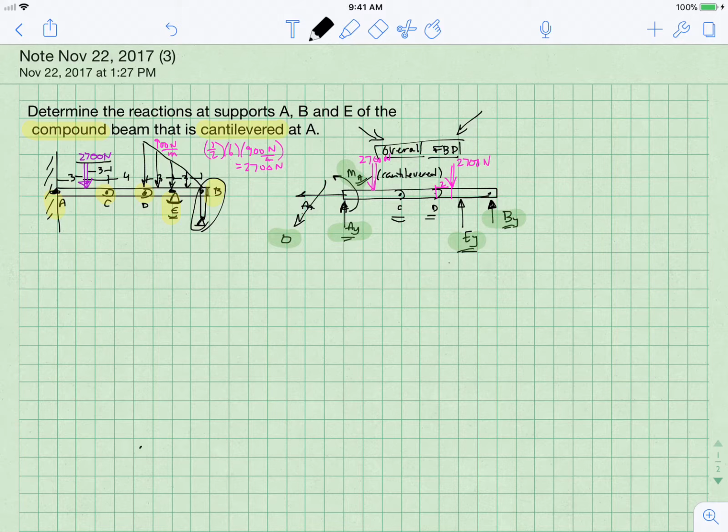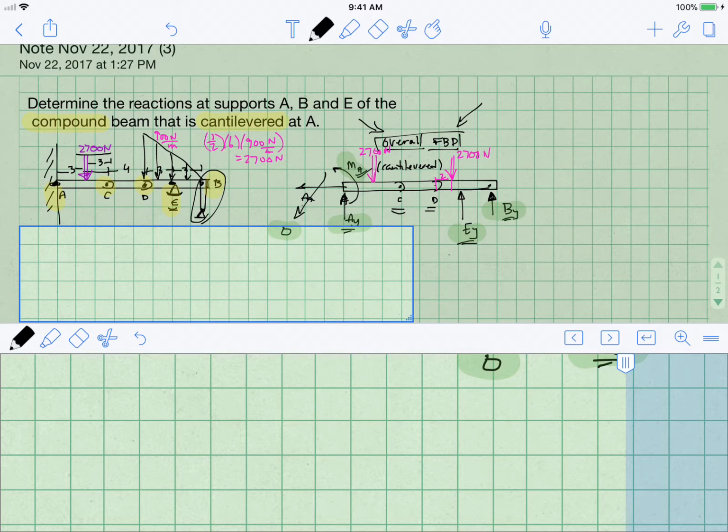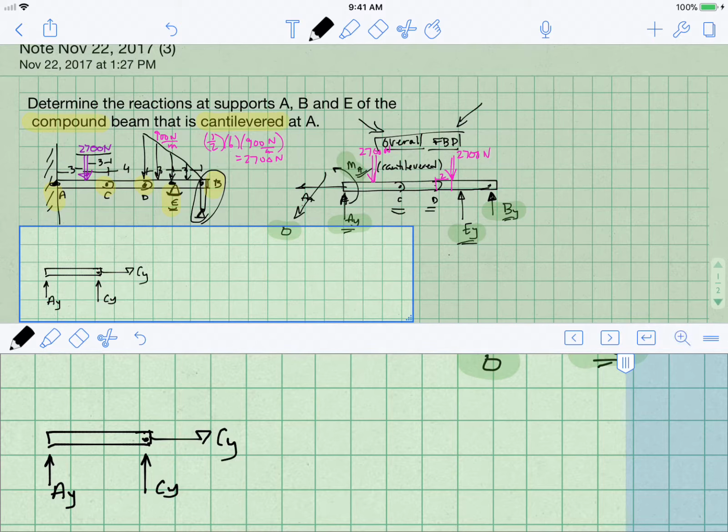We've got to break this beam up into corresponding segments. I'm going to attack this methodically from the left, working my way over to the right. The first segment to consider is segment AC. If this is point A, that is AY, and this is C. I am now breaking up the forces. These are internal forces, but now that I'm breaking them up, I draw them in.